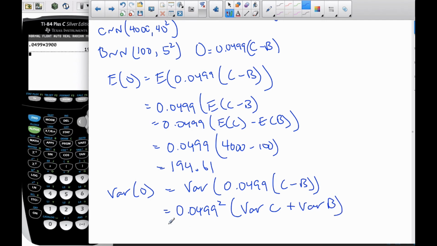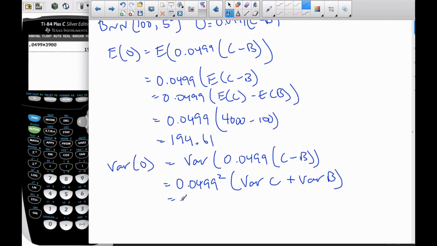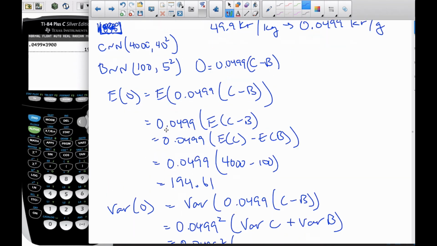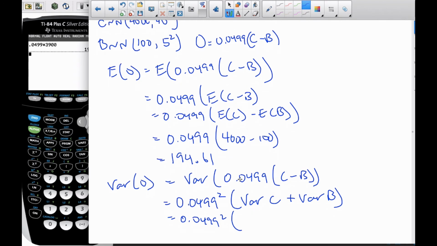Be careful of that one. And so now it's 0.0499 squared times the variance of C, which was 40 squared, plus the variance of B, which was 5 squared. So 40 squared plus 5 squared.